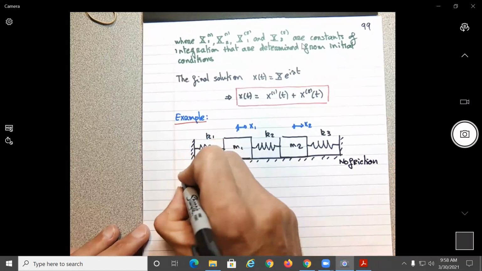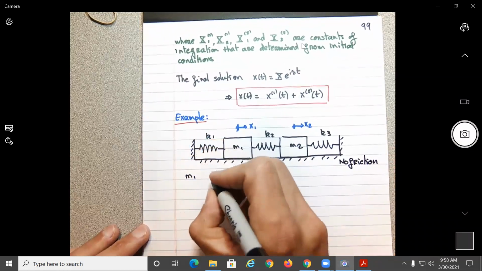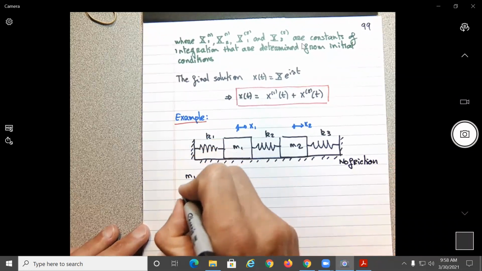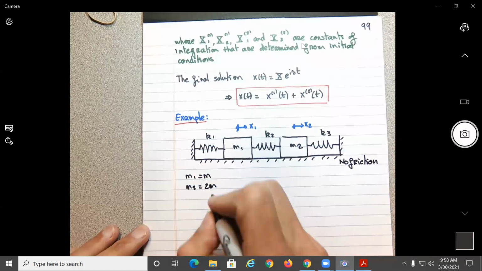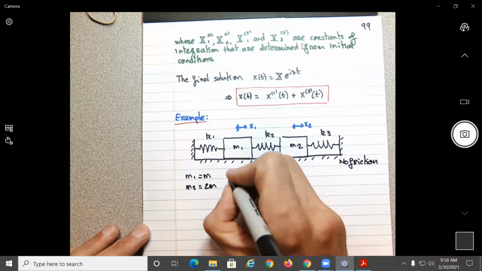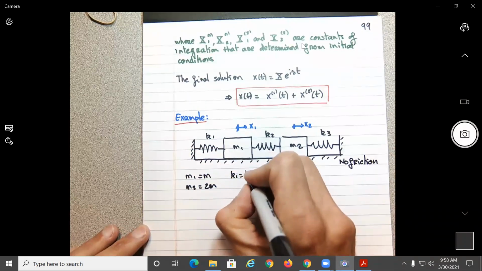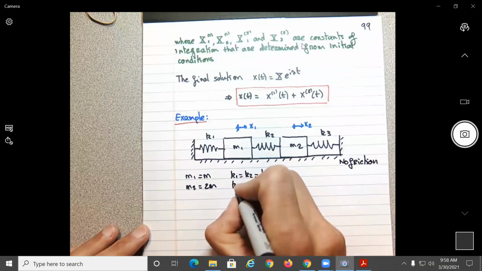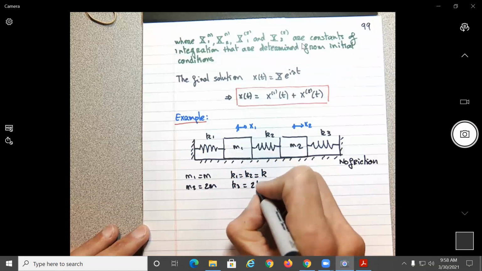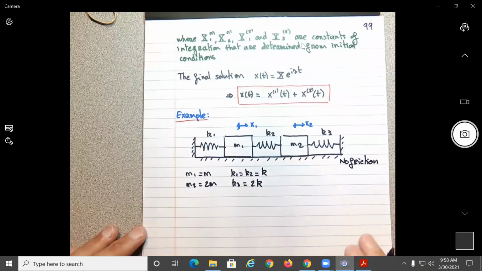All right, so we're going to have M1 equal to M, M2 equal to 2M, K1 equal K2 equal to K, and K3 equal to 2K.